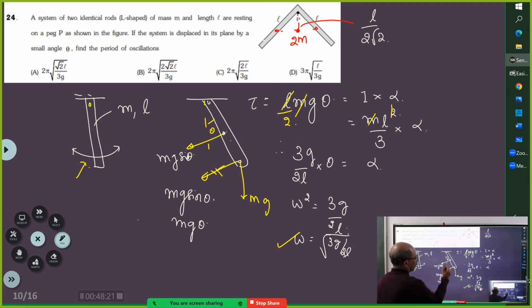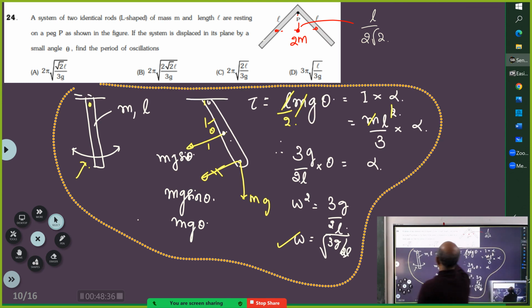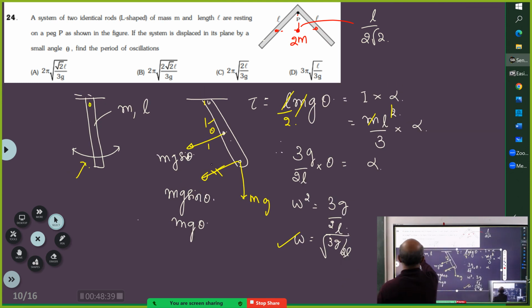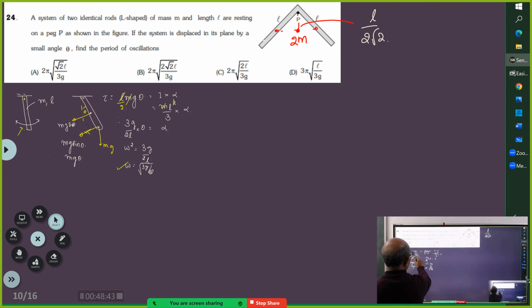So extend the same logic to this. Whatever you have done here, the same thing you have got to do there. So start writing the equations for this also.